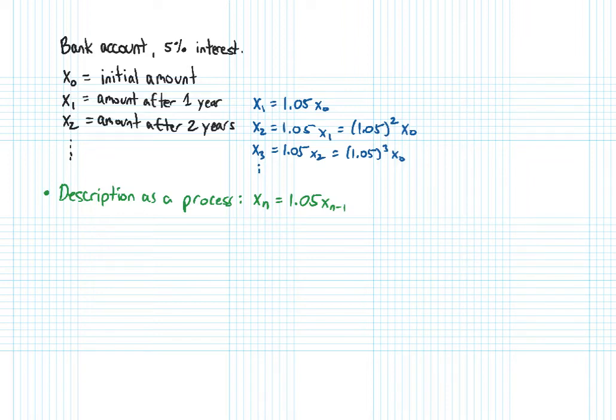And what's interesting about this is that it's a process that repeats over and over again. In this case, the process is just multiplying by 1.05, but you can think of that as a transformation. And what happens here is that the transformation's output gets plugged back in as the input, and it repeats over and over again.